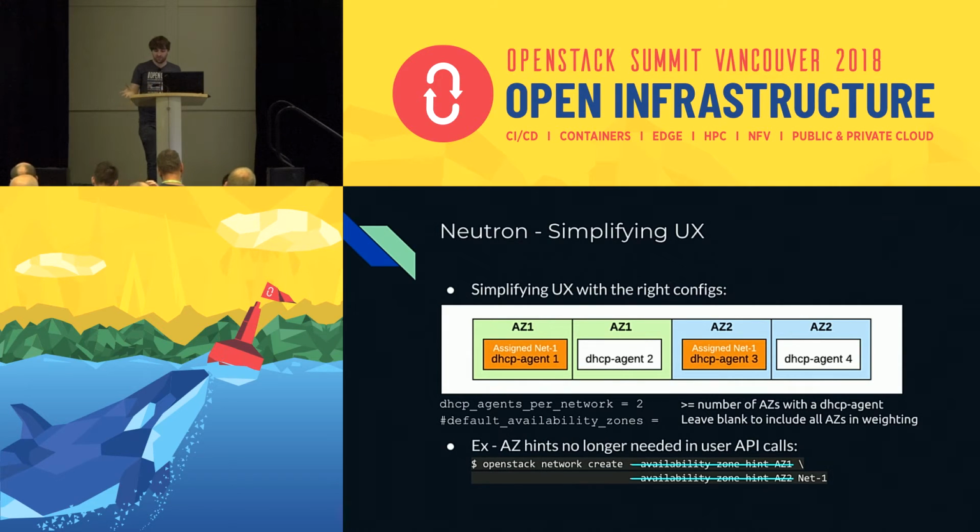Otherwise, you're in a situation where your network won't be hosted in all of the AZs, and the user will need to provide hints to ensure the network lands in the right ones. So that's why I recommend a config that simplifies the user experience, where they consistently don't need to supply any AZ hints here.